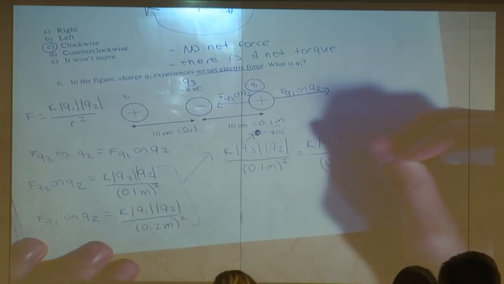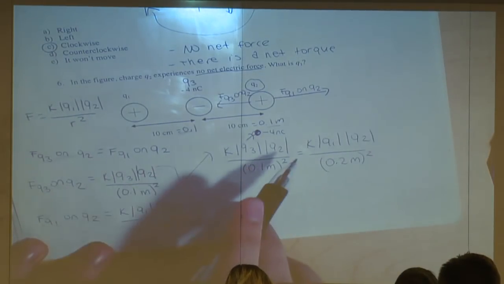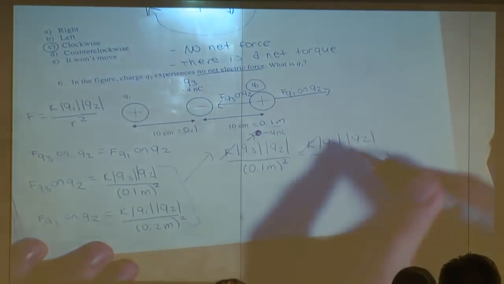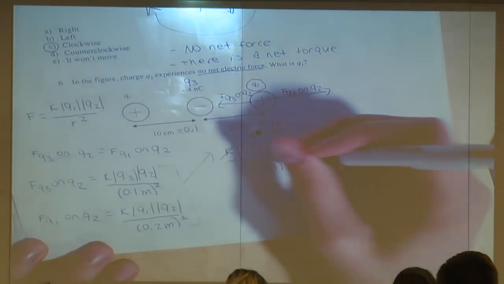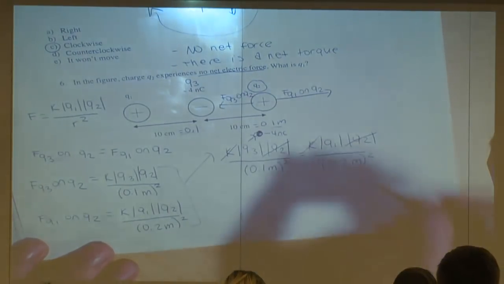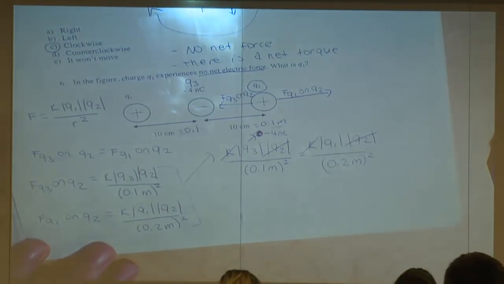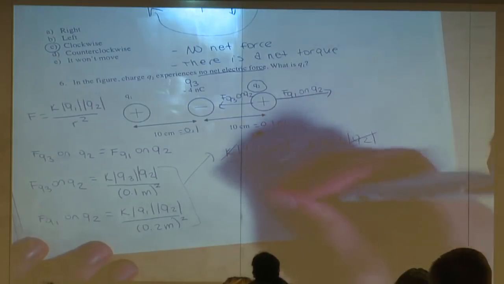Okay, so now as you can see, we have a K on both sides, so we can cross out the K's. We also have a Q2 on both sides, so we can cross out both of the Q2s. And we're looking for Q1. We already know Q3, so we can basically just solve this for Q1 now. So I'll rewrite this again.